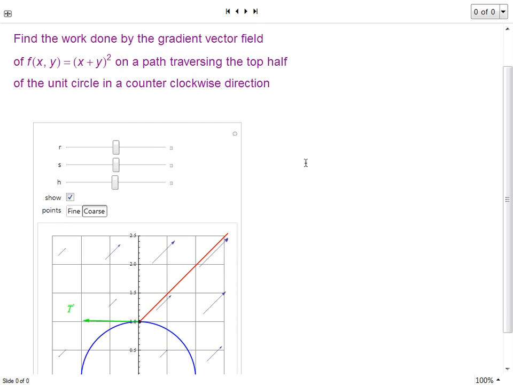Find the work done by the gradient vector field of f of x, y equals x plus y squared on a path traversing the top half of the unit circle in a counterclockwise direction. All right.